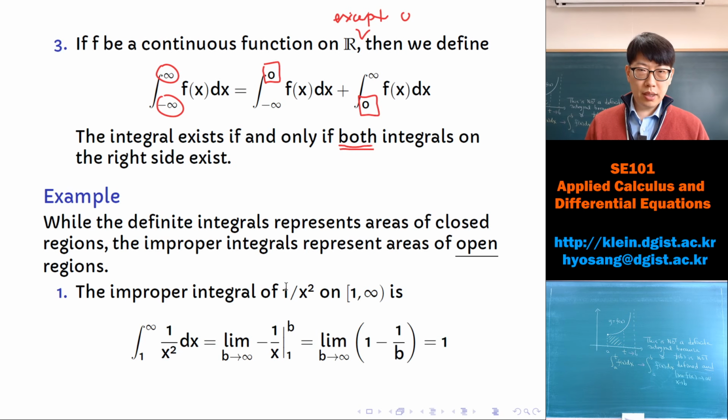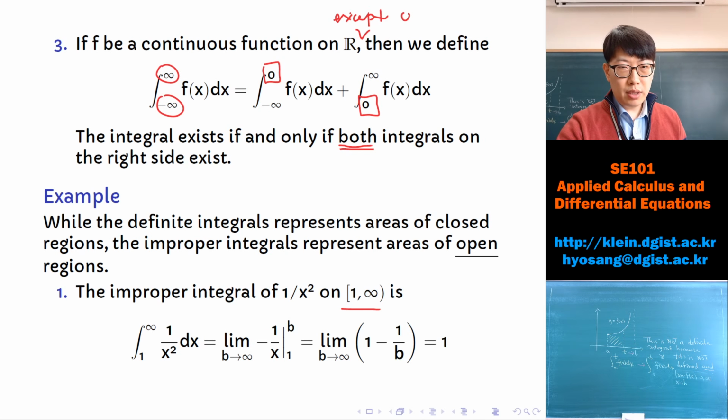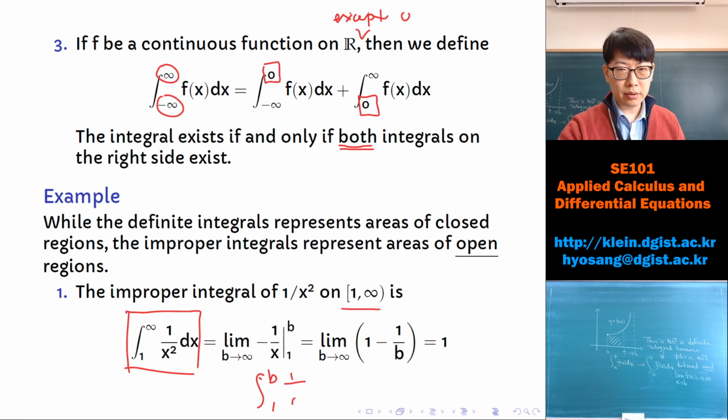First of all, let's look at 1 over x squared defined on 1 to infinity. So when we try to compute the improper integral, you have to take a limit of the integral from 1 to b of 1 over x squared dx, right?